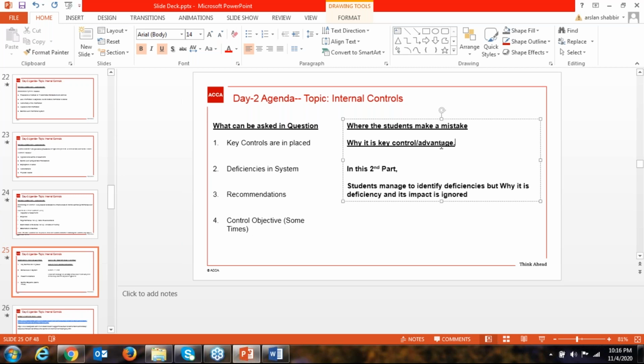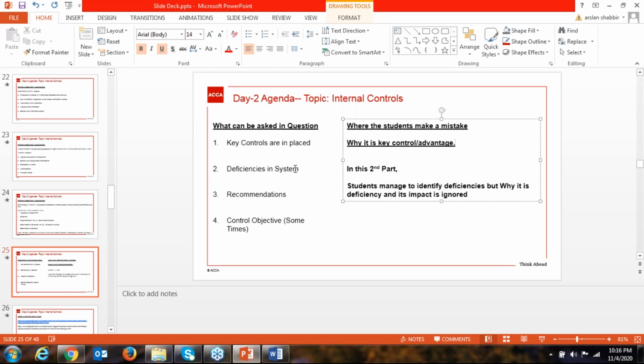Students forget to tell this. So when you are asked about key controls, you need to mention two things: the key control and why it is a key control.